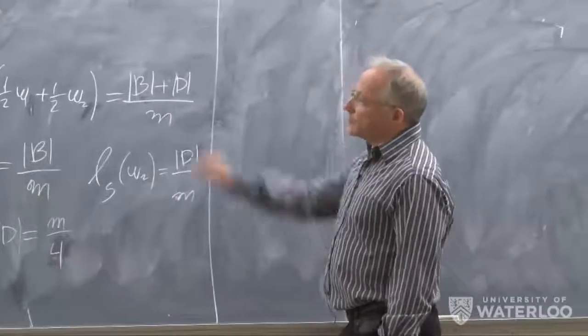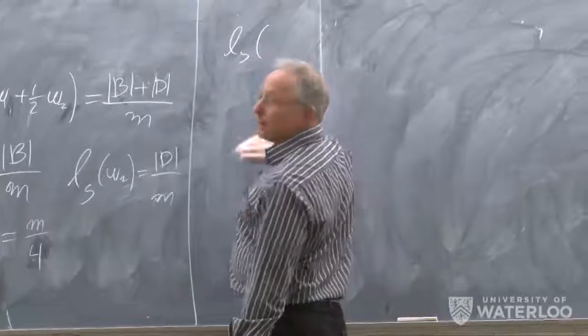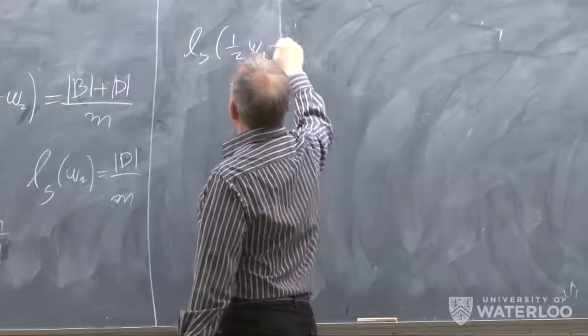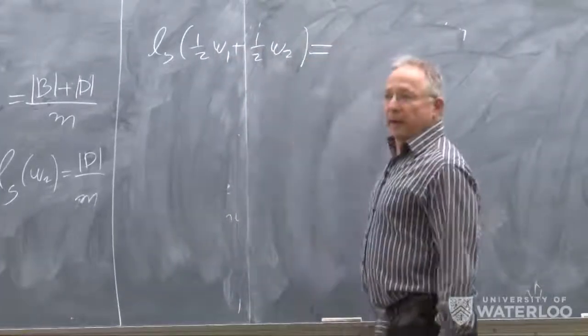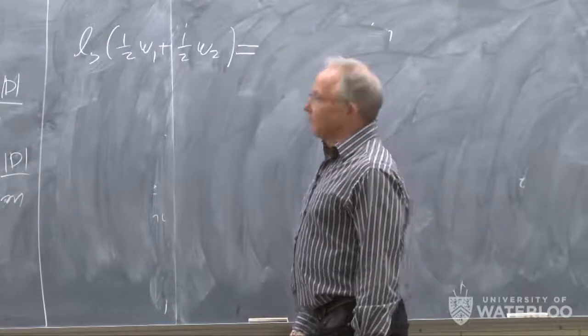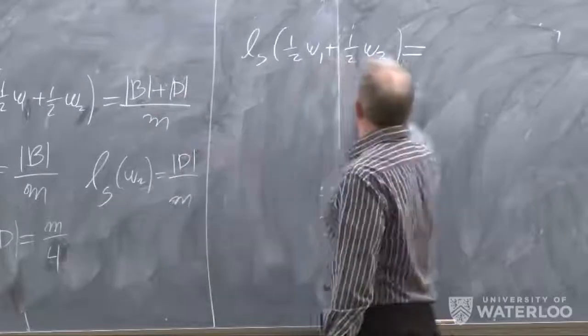So now let us just compare what we need here. The loss with respect to S of half W1 plus half W2 is going to be how much? It's a quarter plus a quarter, so it's going to be a half.